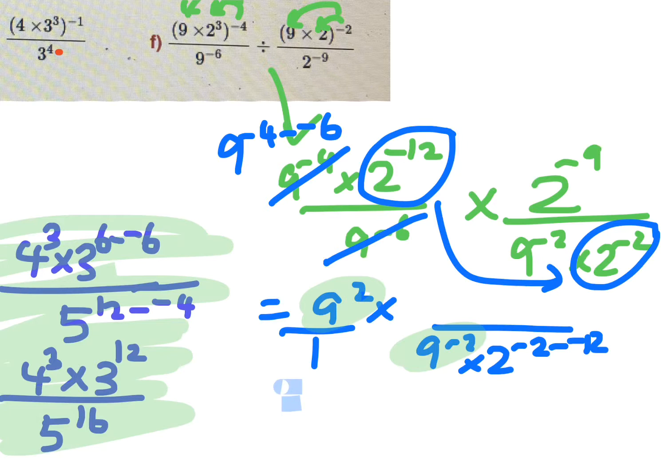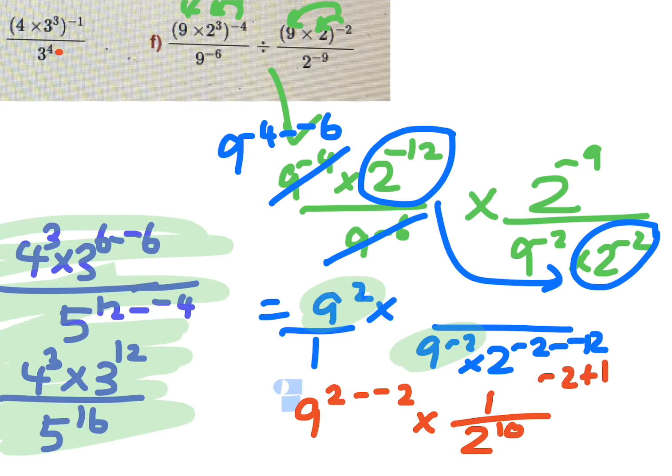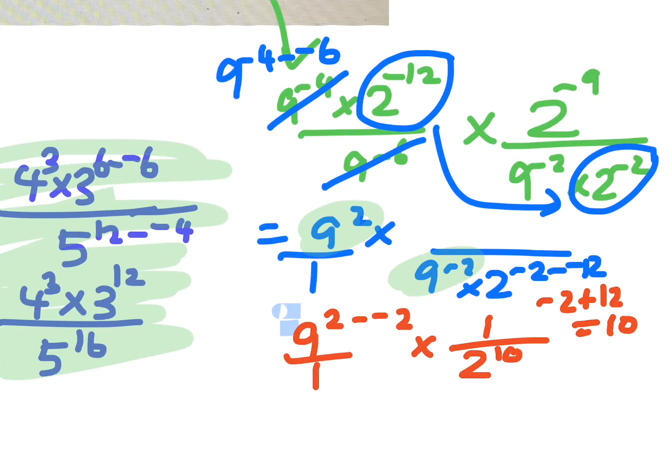So the bigger one's on top, because that's 9 to the 2. So you go 9 to the 2 minus 2 times 1 over 2 to the minus 2 plus 12, which is 10. Minus 2 plus 12 is 10. So the 9 is on the top, so it's 9 to the 4 times 1, and 1 times 2 to the 10 is just 2 to the 10.